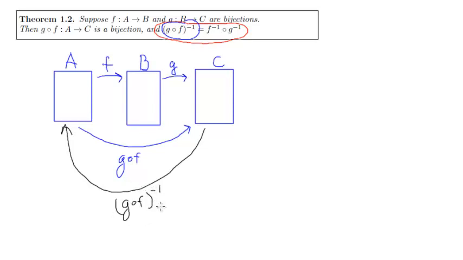We still would like to be able to switch back to g and f, or maybe g inverse and f inverse, but there is no rule for how to do that correctly right now. So that's what we're trying to come up with: some kind of a rule to get rid of these parentheses and be able to apply g and f, or g inverse and f inverse, separately, because we know how to do that.